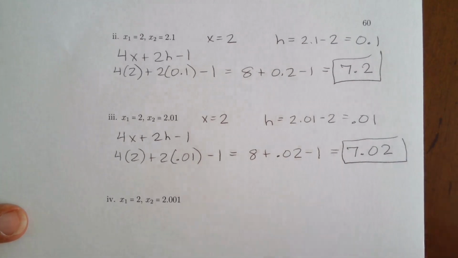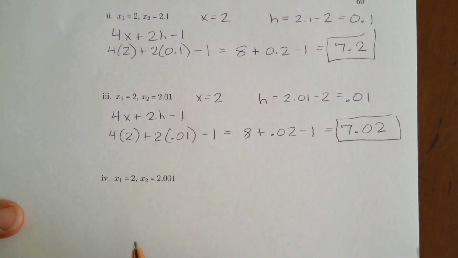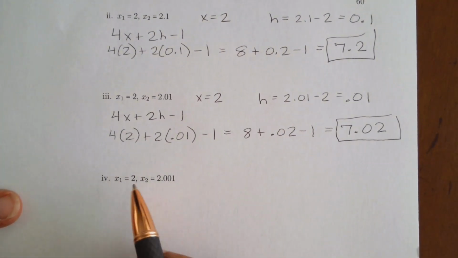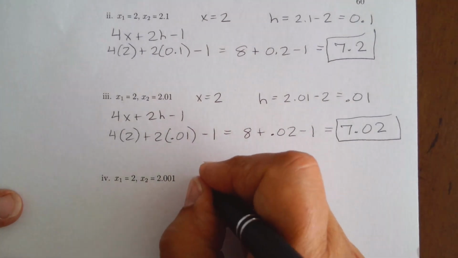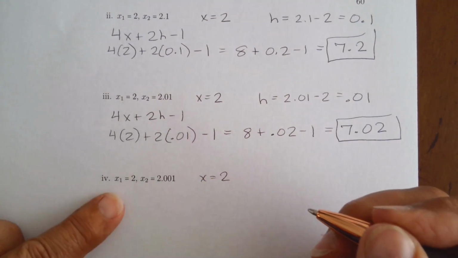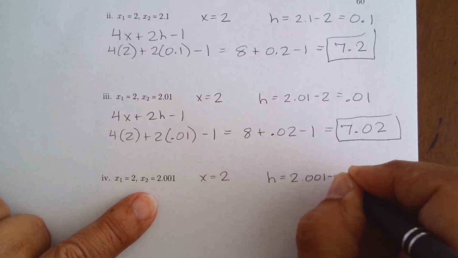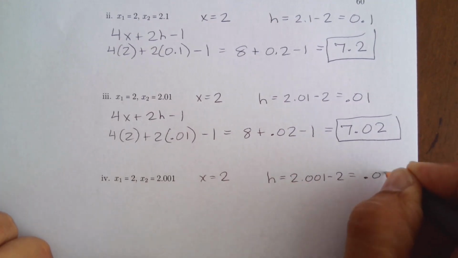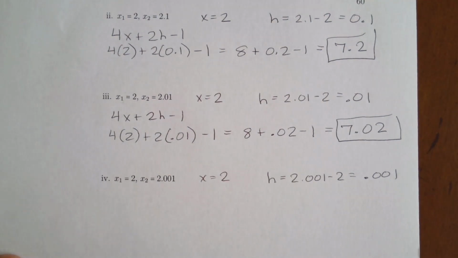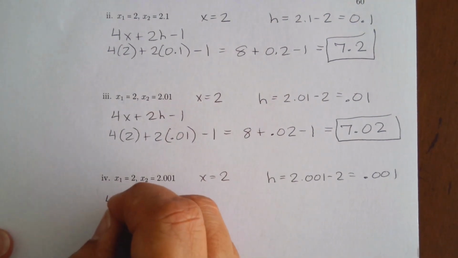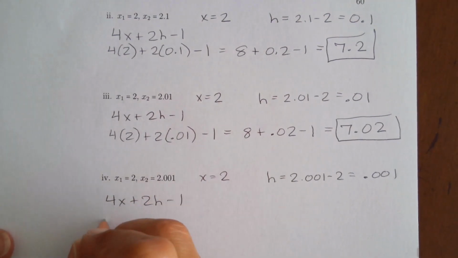All right, and lastly, an even smaller difference. We're going from 2 to just 2.001. So again, x is still your starting value, h is the difference, so that's 0.001. One more time, we're going to find the difference quotient, which is that average rate of change.